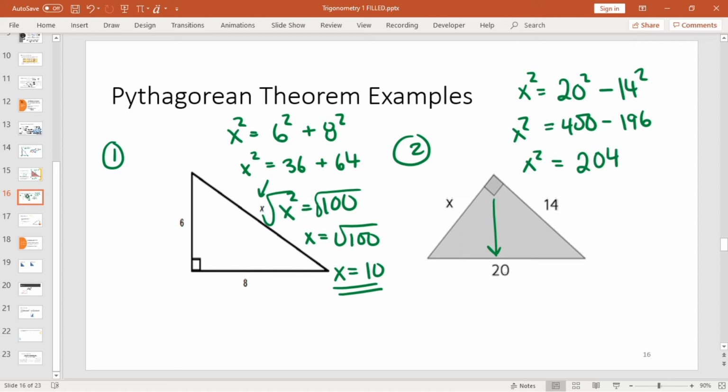Now at this point, we know that x is equal to the root of 204, and it depends where you're going from here. If you're doing like mathy stuff, you might leave it as a radical. This is exact form. But if this was something you're actually measuring and building, you would find the root and have a decimal. So watch for what the question is asking you for.